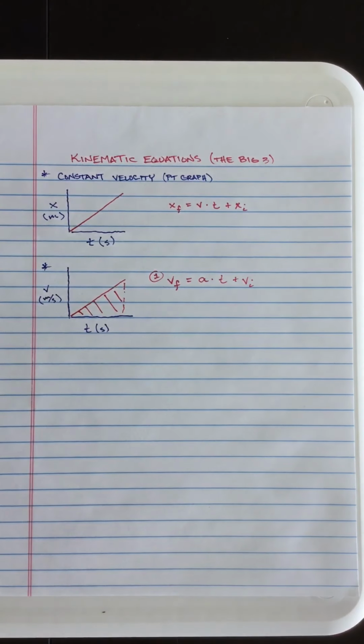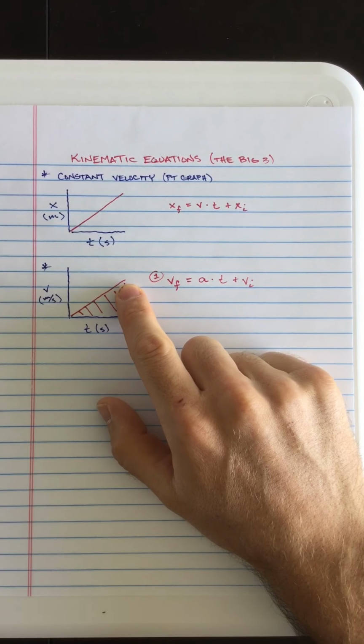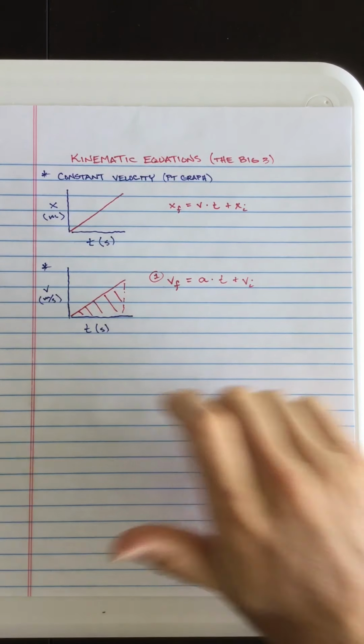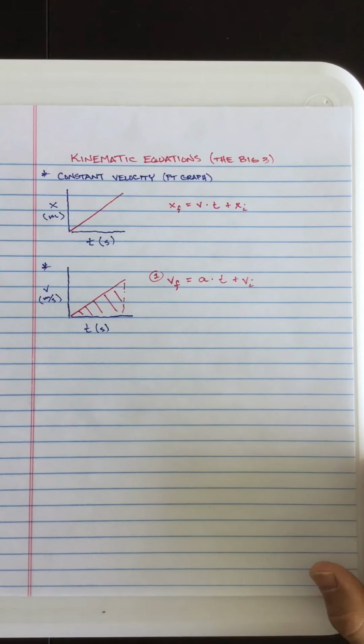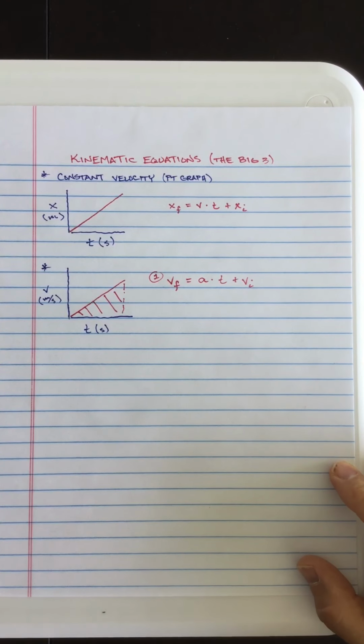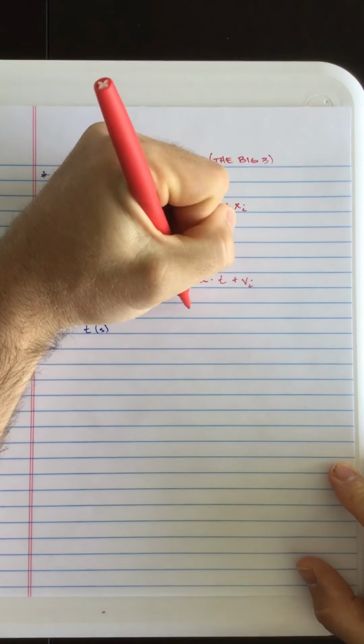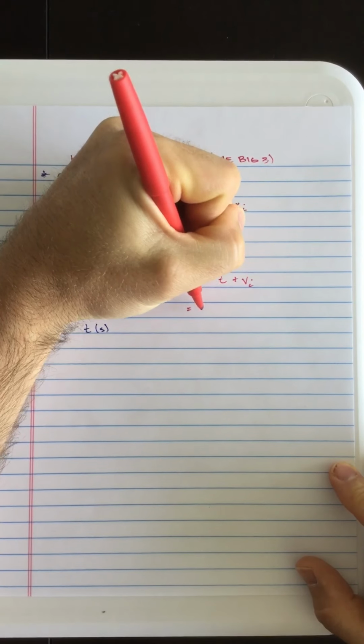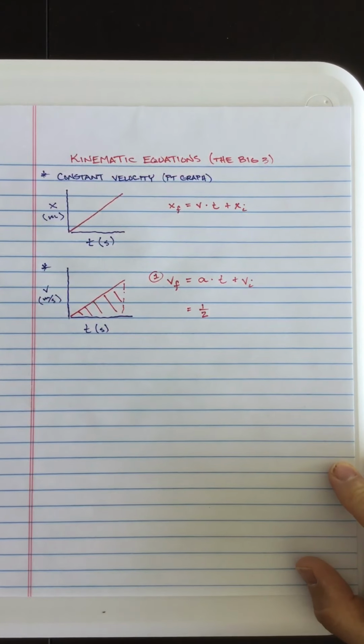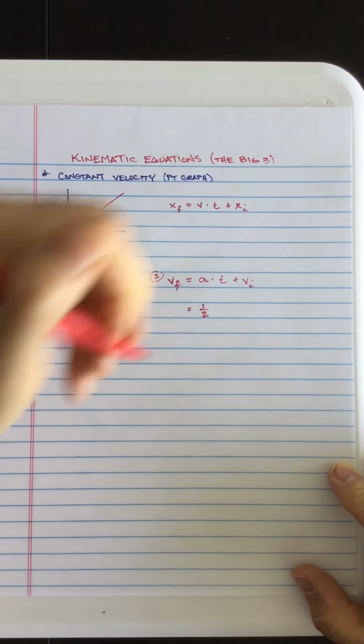We can actually calculate this area quite easily because, since it's a linear fit for the acceleration here, our slope, it's just a triangle, which is 1/2 base times height. If you think about it though, the base, so let me put my 1/2 there, the base is a measurement of time.